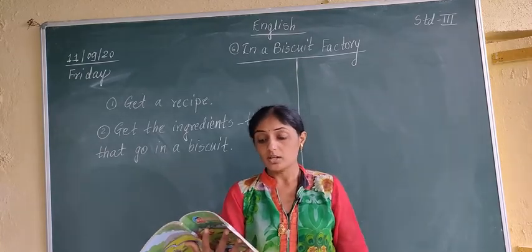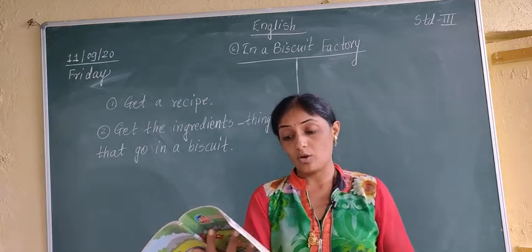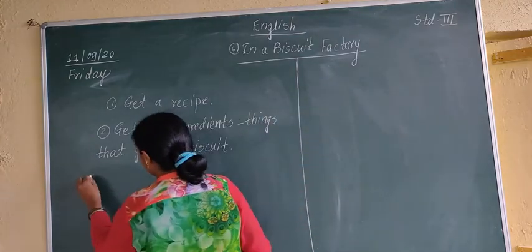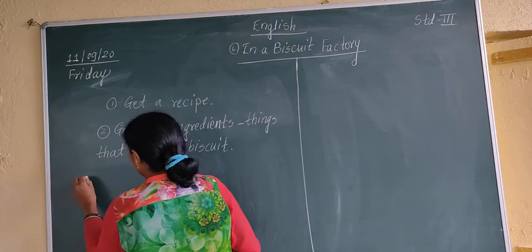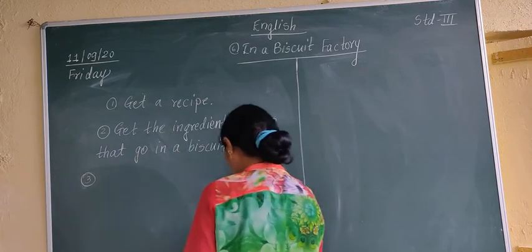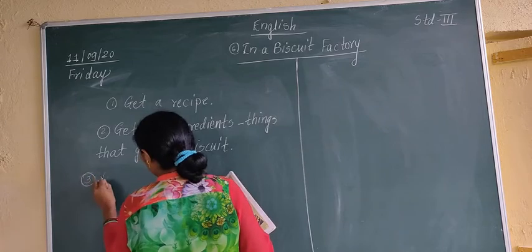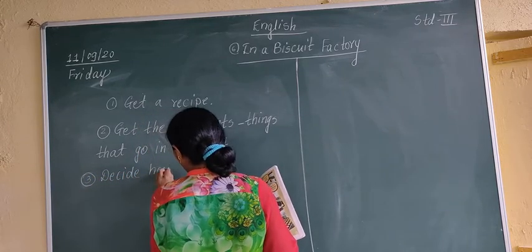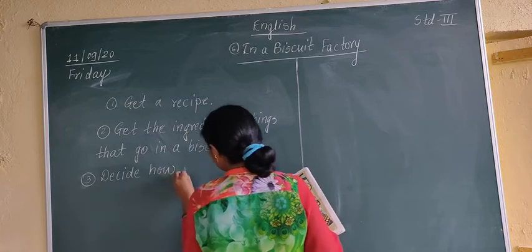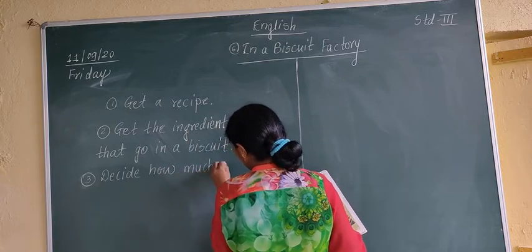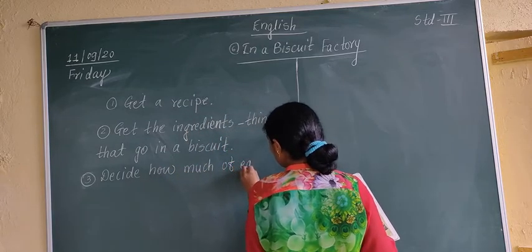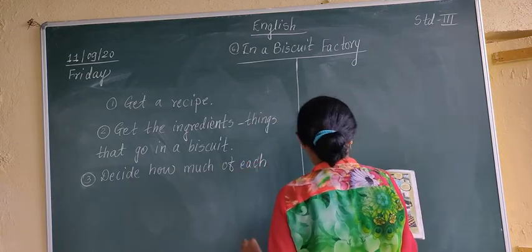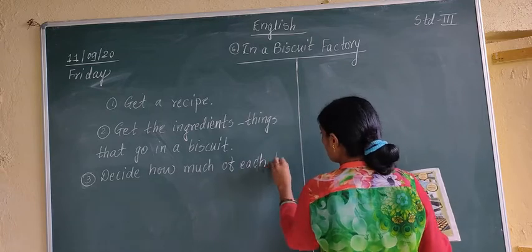Third step is what? Decide how much of each to use. Okay, I am writing the third one. Decide how much of each to use.